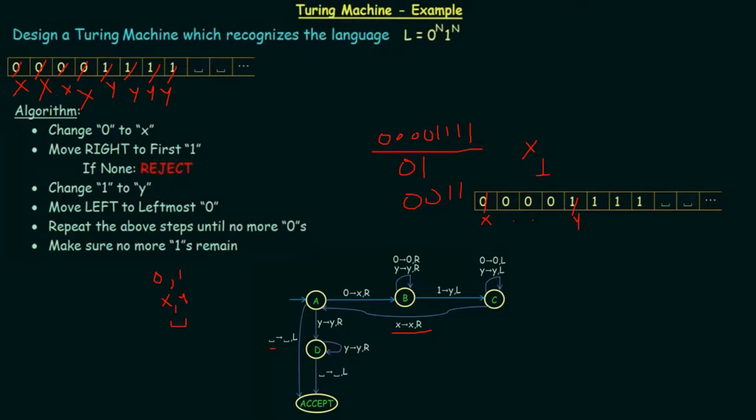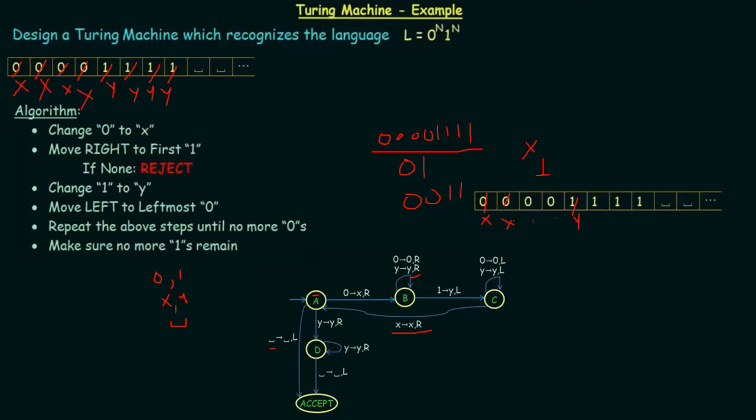After reading it, I will see that there is a 0, and now I am in A state. After reading that there is a 0, I will replace it with x. Again, I will read that there is a 0, 0. There is a y also. For y, I just have to read it.